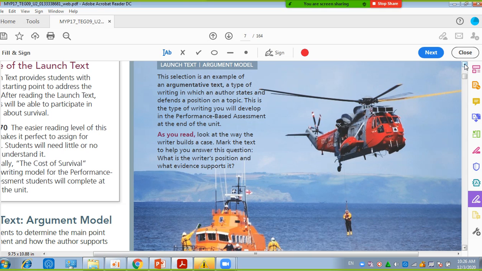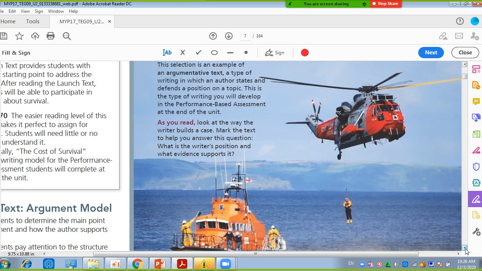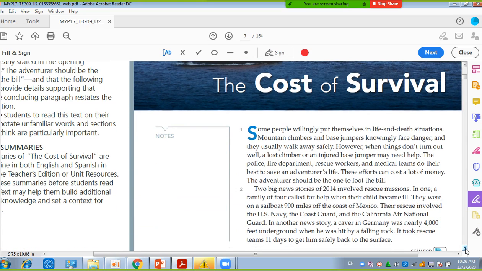What do we need to have an excellent argumentative text? First of all, I need you, of course, to read this text by yourself. It's very easy, The Cost of Survival, and to write a summary about it.